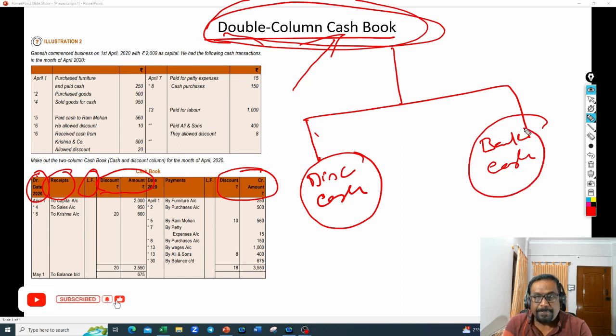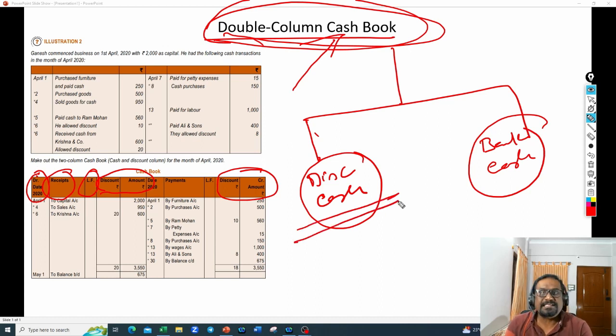And if I keep bank and cash in both debit and credit, that will also be called a double column cash book. Today we are going to discuss the discount and cash column book.